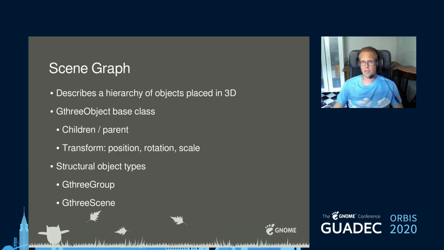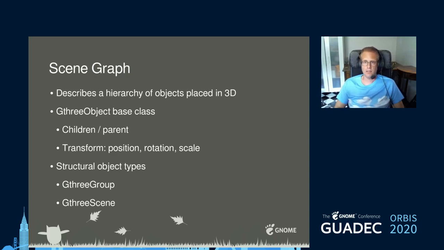3D is all about rendering something called the scene graph. The scene graph describes a hierarchy of objects in 3D, three-dimensional objects put in three dimensions. This is very much like the widget hierarchy in a GTK layout, only it's in 3D.